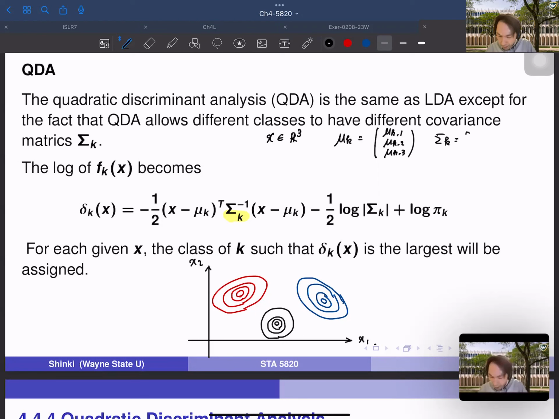The variance covariance matrix is symmetric. So you can see sigma k11 square, sigma k22 square, and sigma k33 square on the diagonal. But the off-diagonal terms are symmetric. So we have sigma k12 square and sigma k21 square, but these are the same.